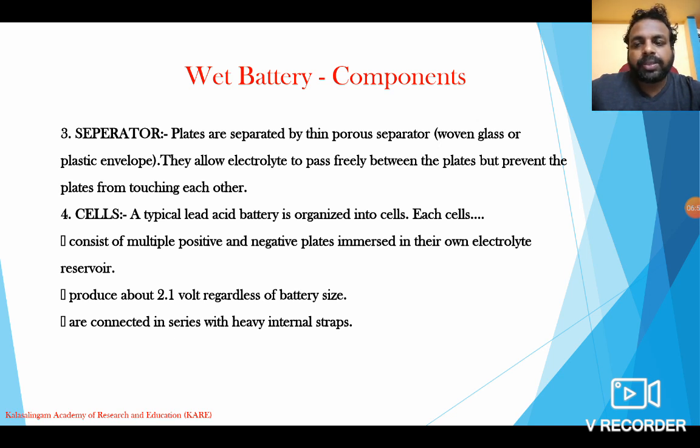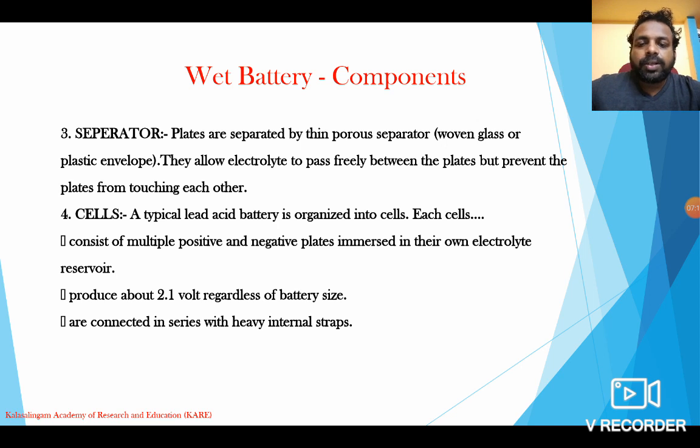The aim of the separator is to avoid physical contact between the two electrodes. The separator also enhances the ion exchange during the process, and the electrons are exchanged from the positive to the negative terminal. The separator also accelerates the electron transfer between the two electrodes.